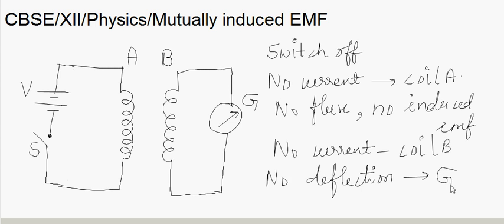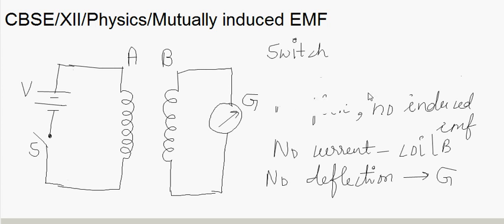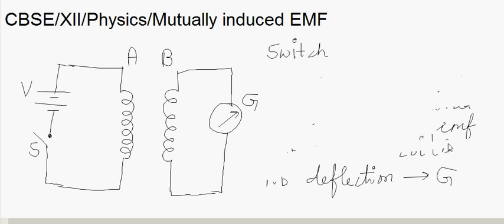Okay. Now the next case: we will close the switch. This was the switch off condition: no current, no flux, no induced EMF, no deflection in the galvanometer. Now we will see what happens when we close the switch. Switch on. So S is on.